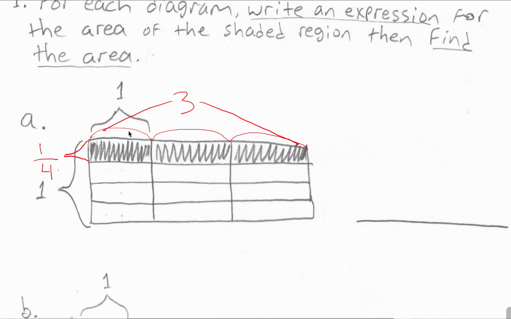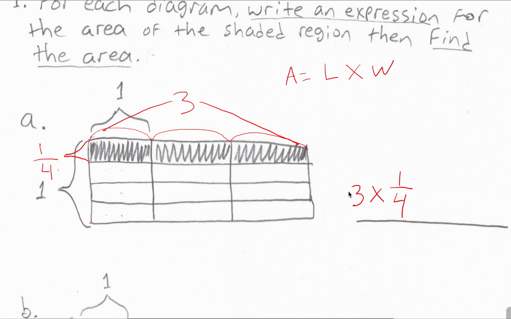So on this portion right here, I have 1/4. We need to remember the formula for area. Area equals length times width. So here we have our length of 3. This is going to be our expression for the area: 3 times 1/4.